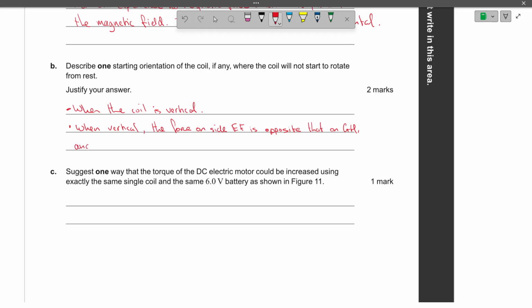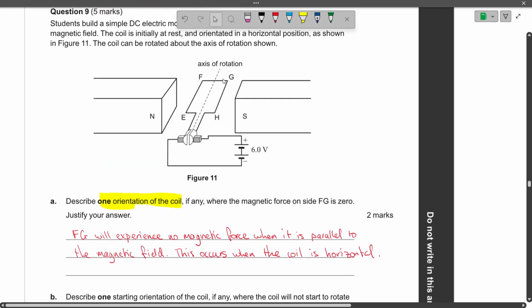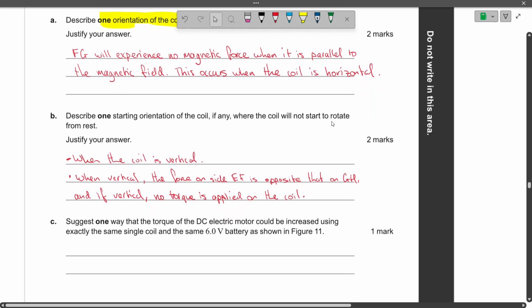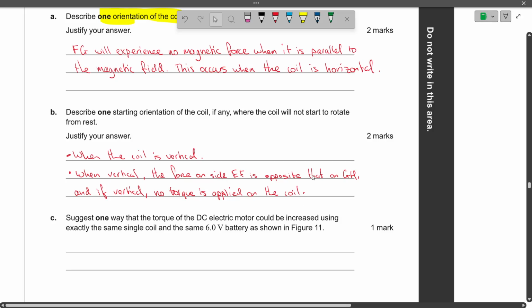And if vertical, no torque is applied on the coil. I guess if you really wanted to, you could also talk about FG and sides EH, but that would have the same sort of explanation as what's going on here.